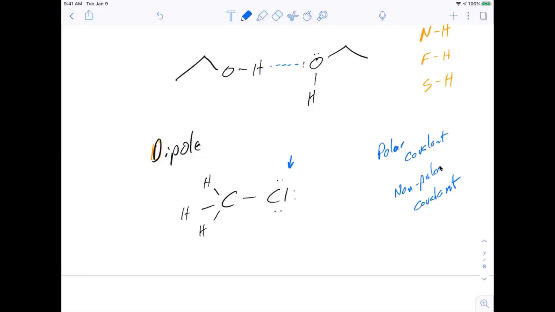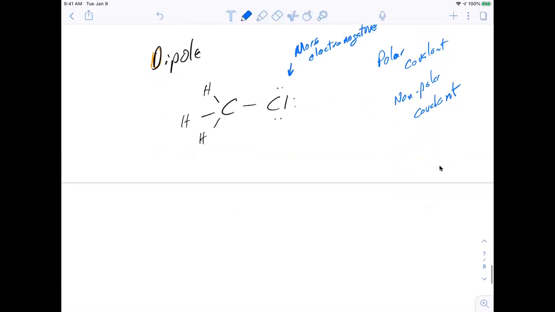If we look at chlorine, chlorine is more electronegative than carbon. If you don't remember, we've got our periodic table.